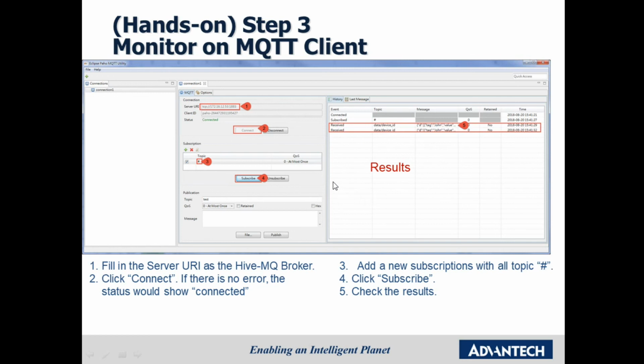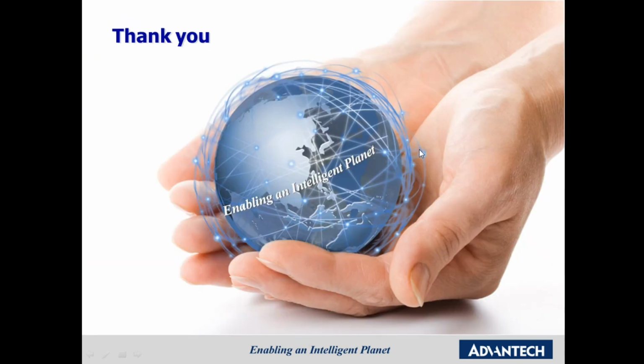User can monitor the status or results here. Once you get the results, that means you can upload to the broker, and you can also subscribe and monitor the tag. Thank you for listening.